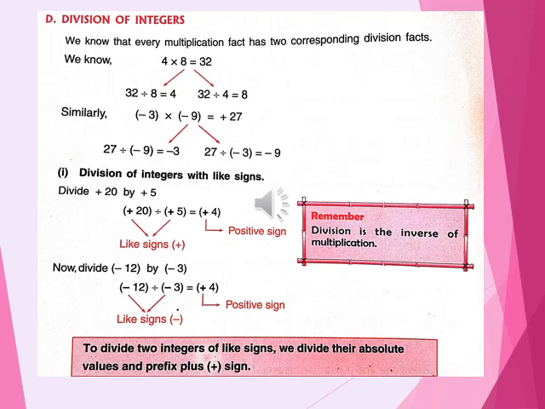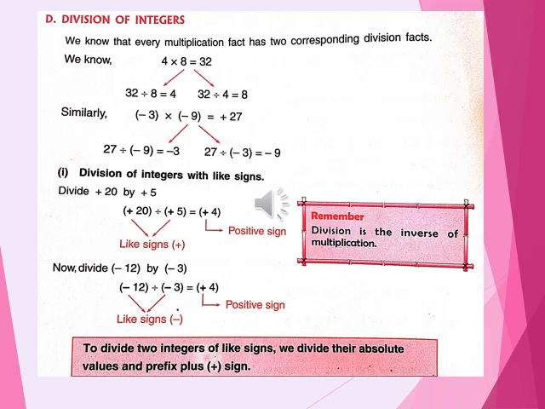Now we will divide minus 12 by minus 3. So minus 12 divided by minus 3 equals 4. See again here, both numbers have the same sign, that is negative, and therefore they cancel and the sign becomes positive.